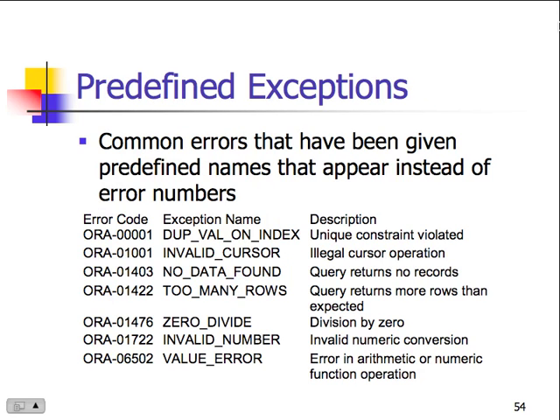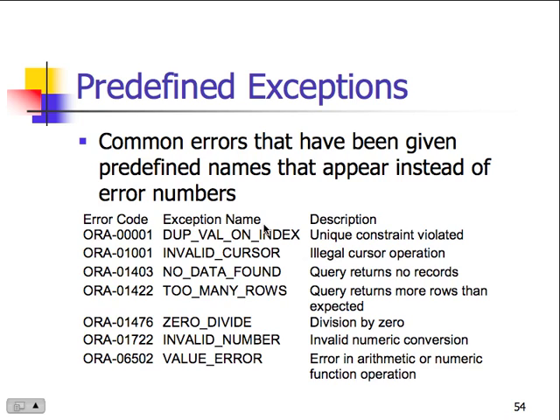So here are those lovely ORA messages I've been talking about. These are common errors that have been given predefined names and appear instead of error number codes. So the error code ORA-00001, unless you really like that code, you don't have to use it. In fact, you can change it and say unique constraint violated. This is the exception name.